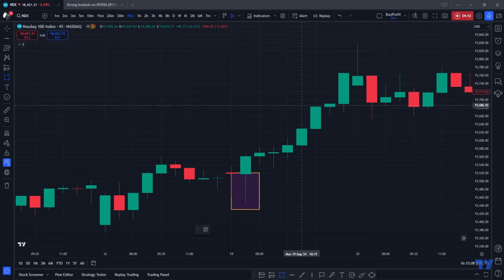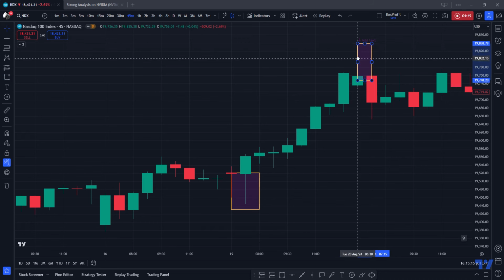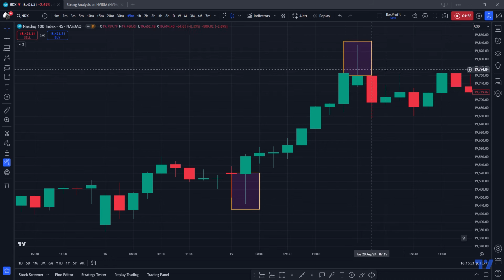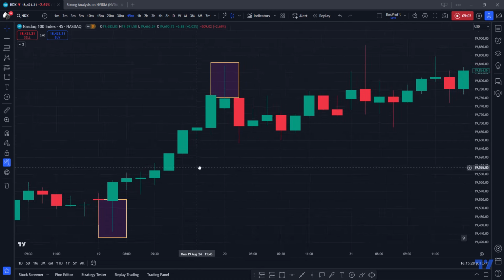Here there's a short wick at the top, but let's use this as another example. All right, let's use that green one as a top wick. But in addition to that, let's actually find a better one.